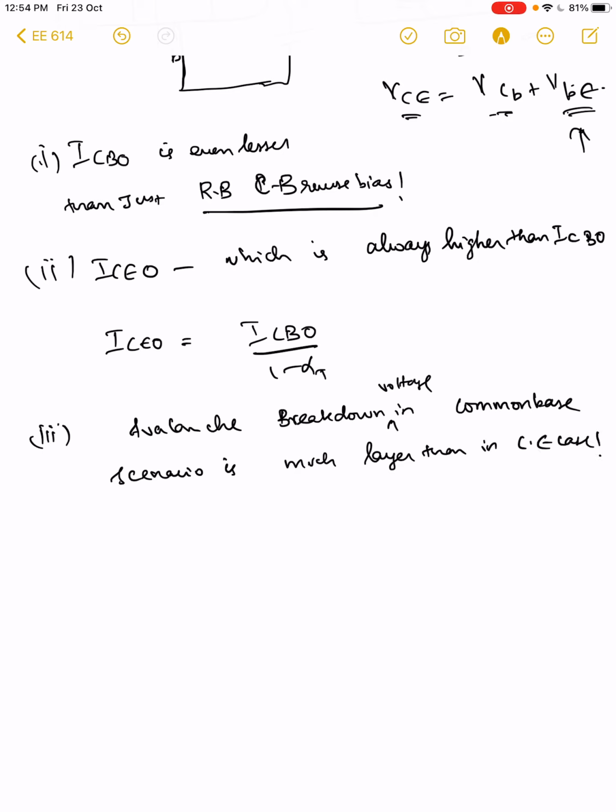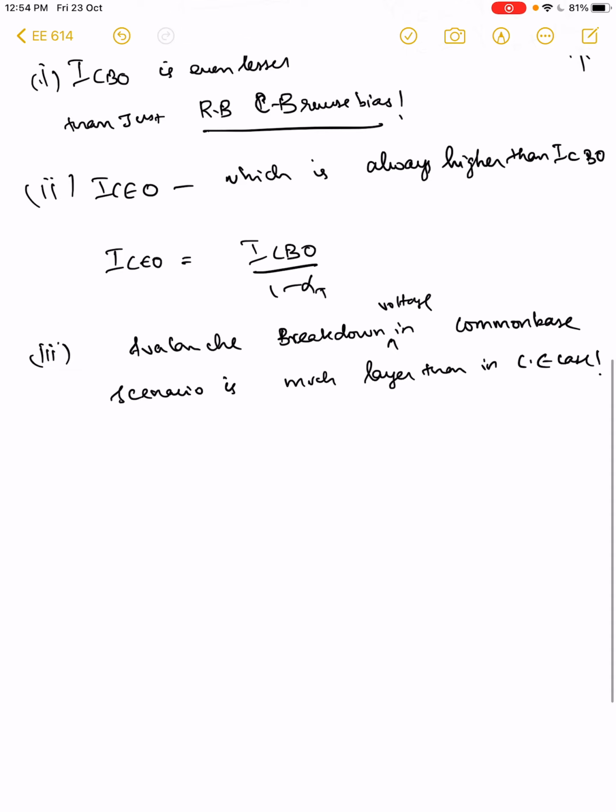All these things stem from the fact that the common emitter has much larger currents than the common base scenario, which can also be taken from the gain that you will have. Your common base gain is almost equal to 1, whereas your common emitter gain is much larger.